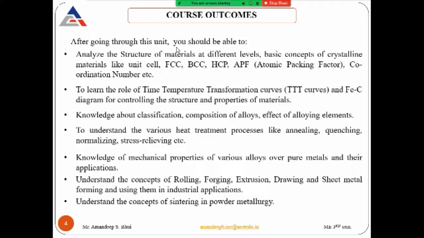And then for the ferrous materials, we will be studying the iron carbon diagrams. Fe-C is your iron carbon diagram, and how the percentage of carbon inside the iron results in changes in the structure and material properties of iron.